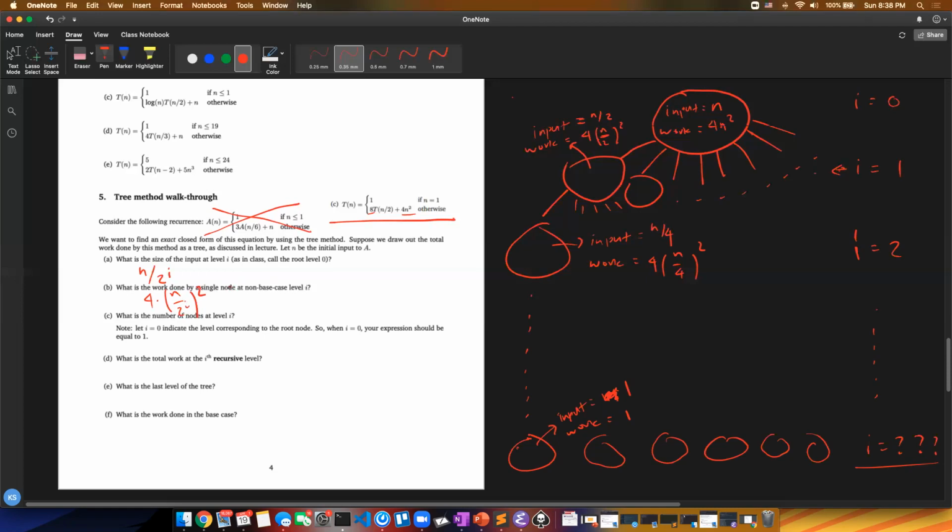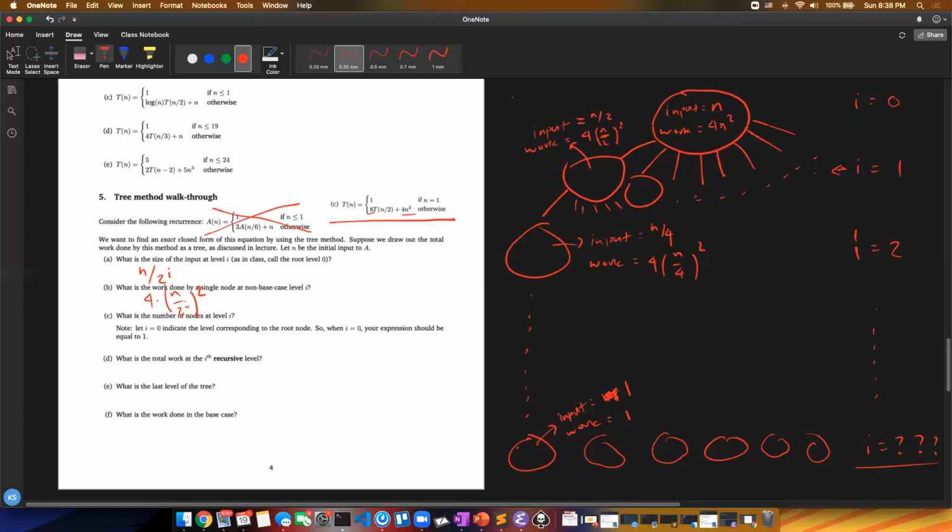And just for a sanity check, we can plug in our i value here. When i is equal to 0, this whole input is going to be n, so it's 4n squared, like we derived here.